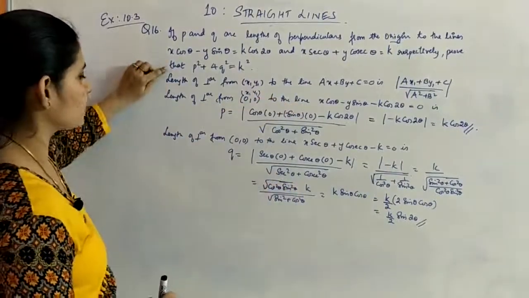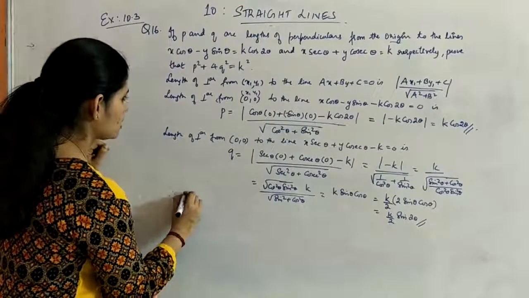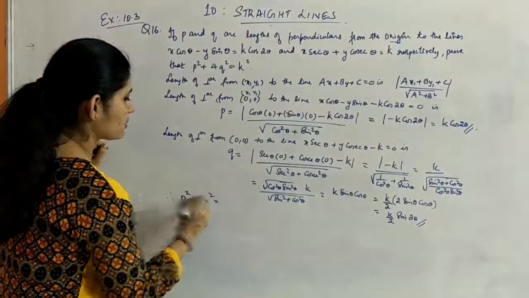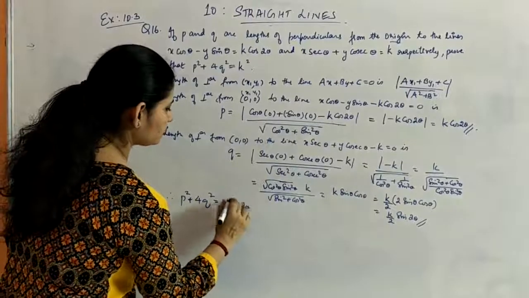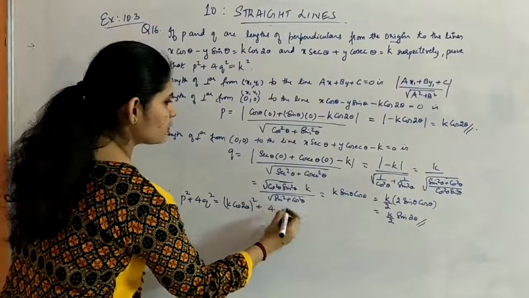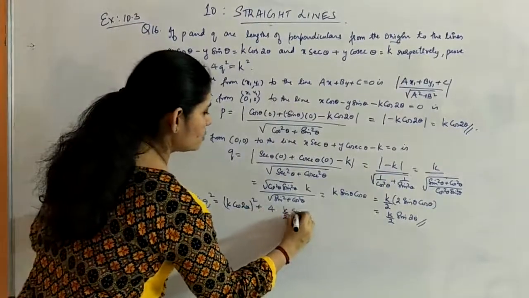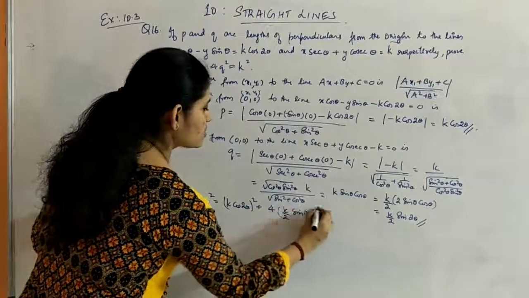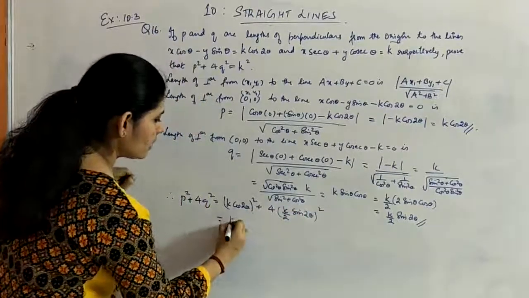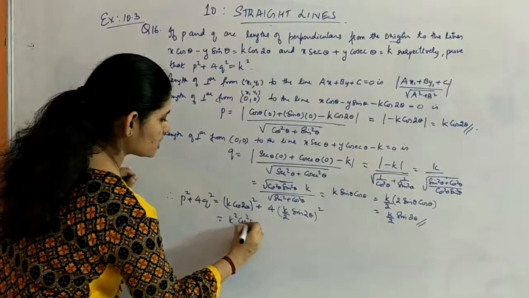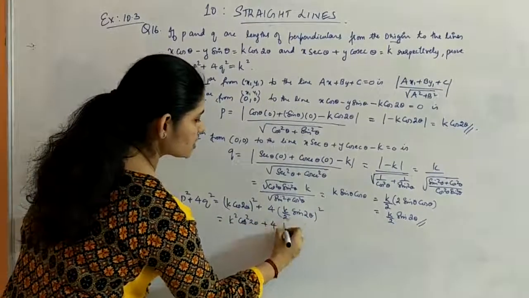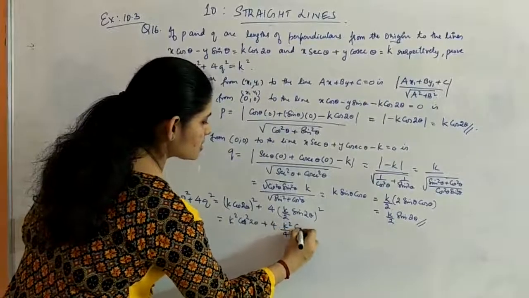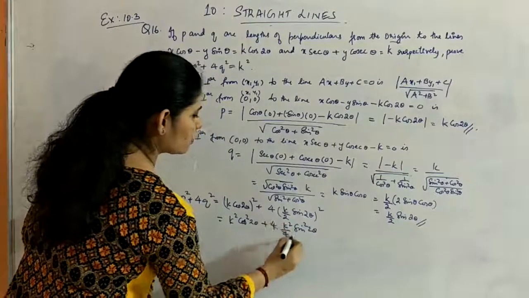Now we'll go for what has to be proven. Therefore P square plus 4Q square is equal to, replace the value, k cos 2 theta the whole square plus 4 into k by 2 sin 2 theta the whole square. This will give you k square cos square 2 theta plus 4 into k square divided by 4 sin square 2 theta. 4 gets cancelled.